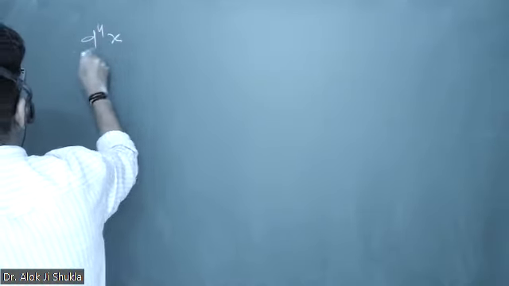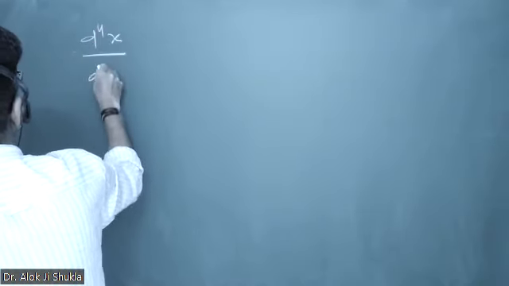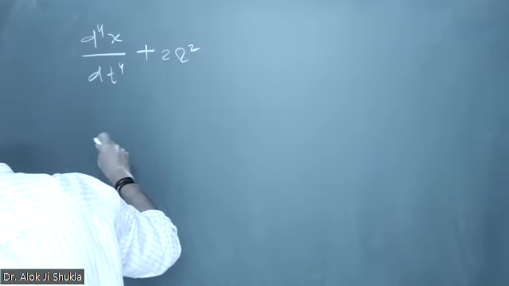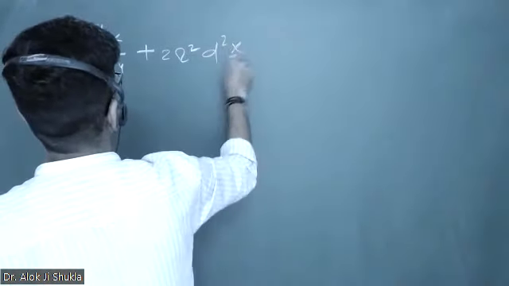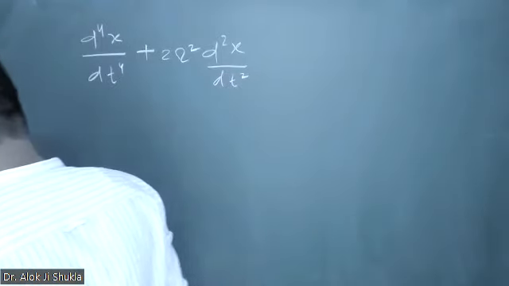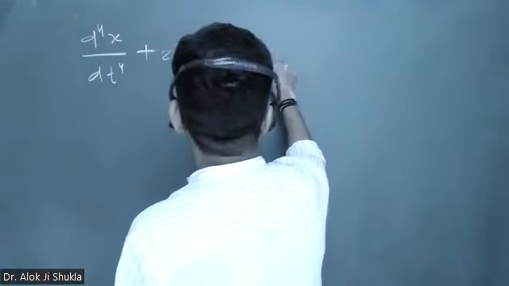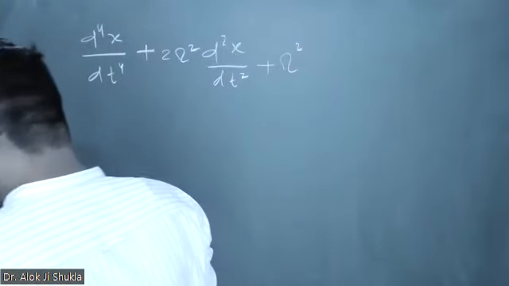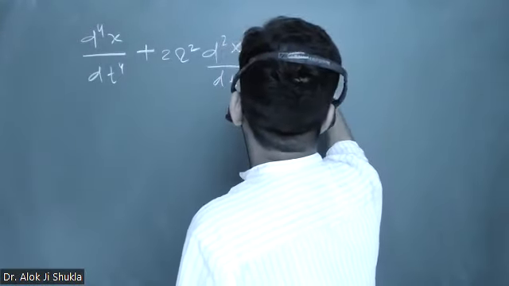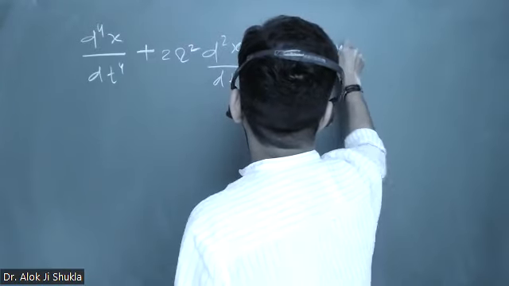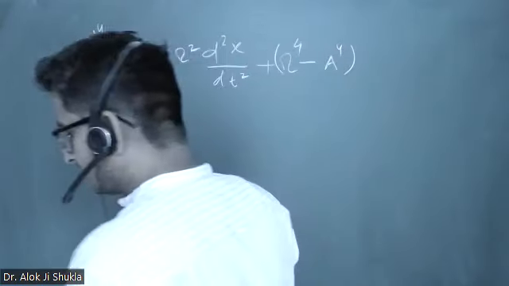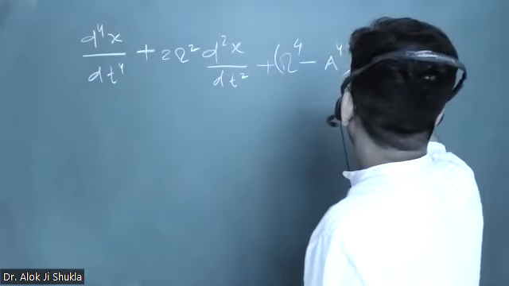Now the next one is, you have an equation which is like this: d4x by dt4 plus 2 omega square d2x by dt2 plus omega to the power 4 minus a to the power 4 into x is equal to 0.